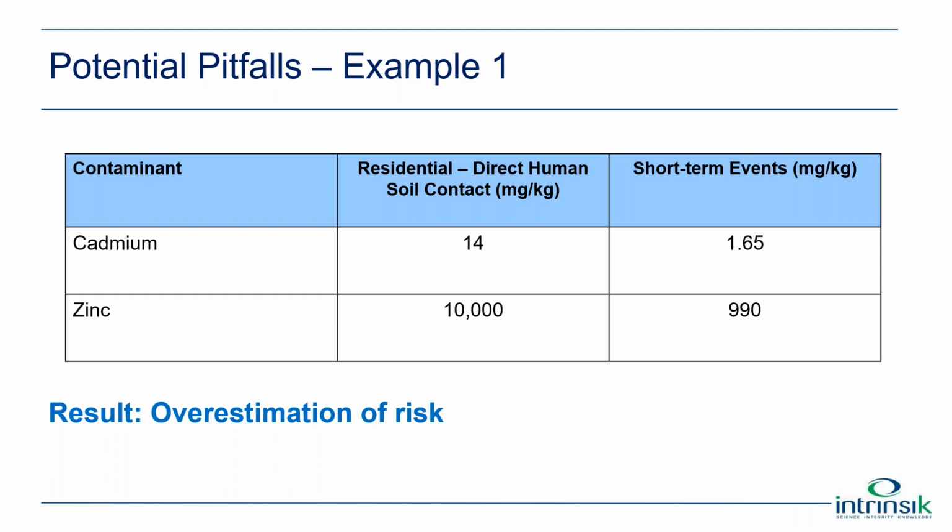And for zinc, the AEP guideline for direct human soil contact is 10,000 milligrams per kilogram. But for the short-term event, we land on 990 milligrams per kilogram. So our acute scenario results in soil quality guidelines that are tenfold lower than what we have for our chronic scenario.